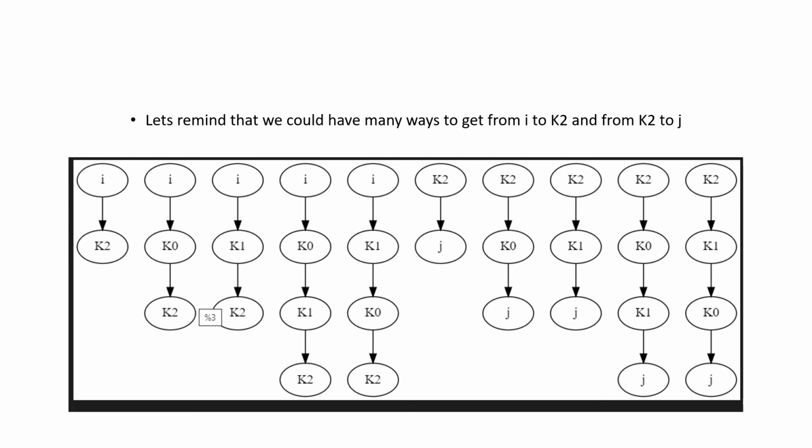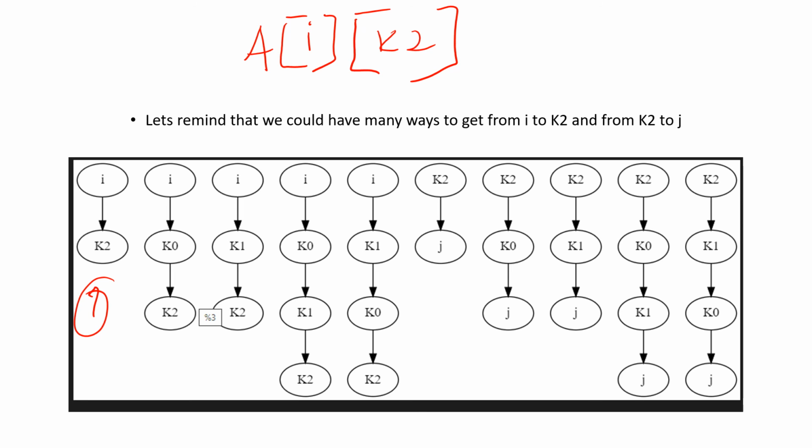So let's remind ourselves that we could have many ways to get from I to K2 and from K2 to j. So let's first look at this edge that we have, A[I][K2], where K2 represents the index of the node that we are currently considering as the potential middleman. In the simplest case, the shortest distance is going directly from I to K2.